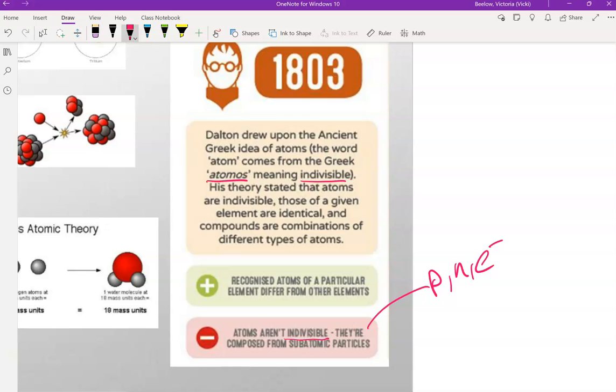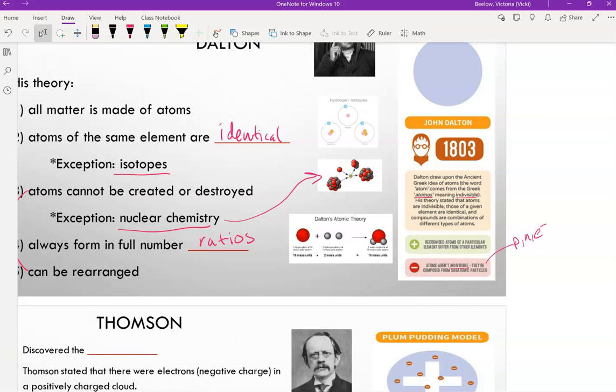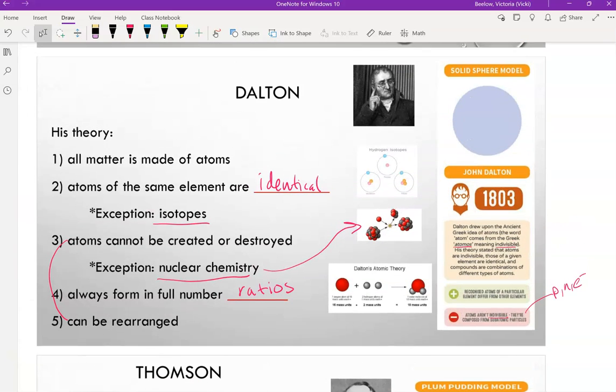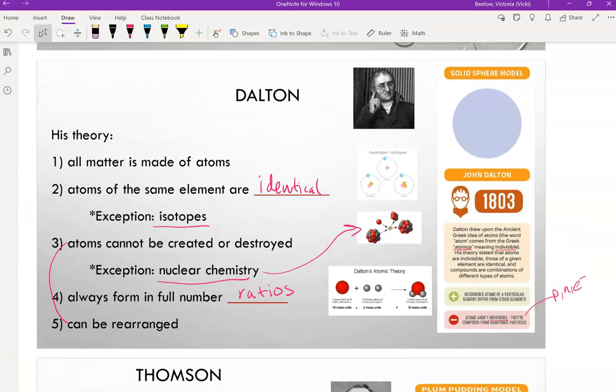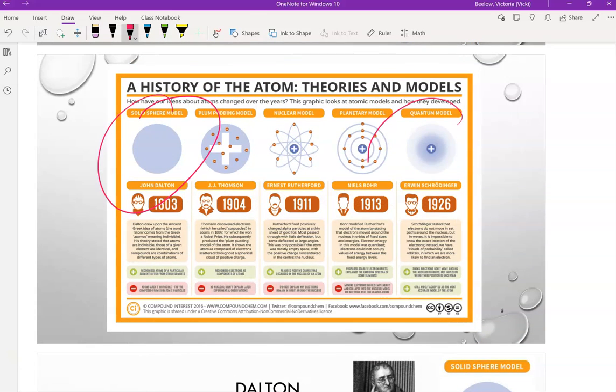And then also there is nuclear chemistry as well, where you're breaking apart the nucleus, which releases a lot of energy in that process. In the next video, you will learn about the rest of the scientists and how this model of the atom went from this to this.